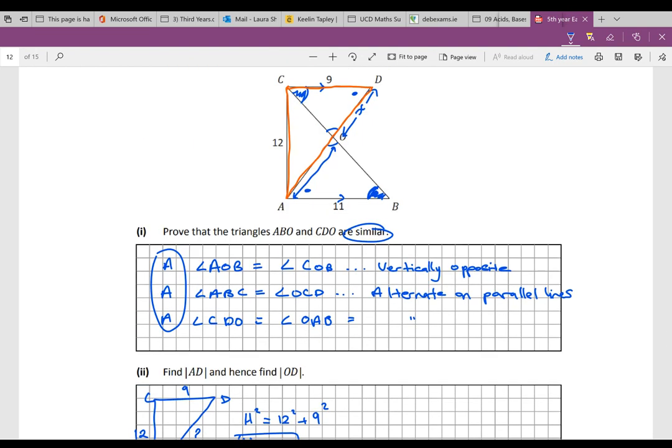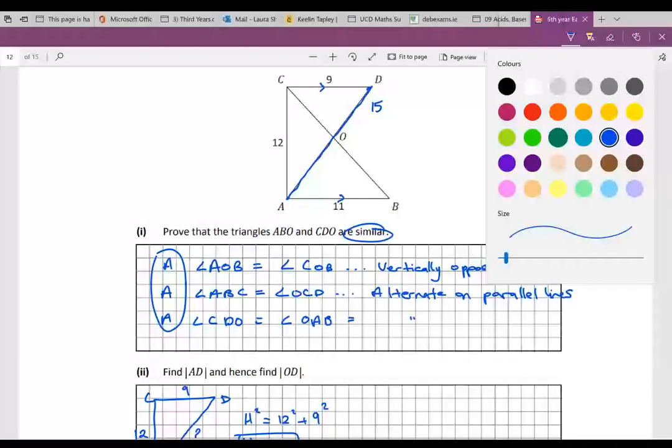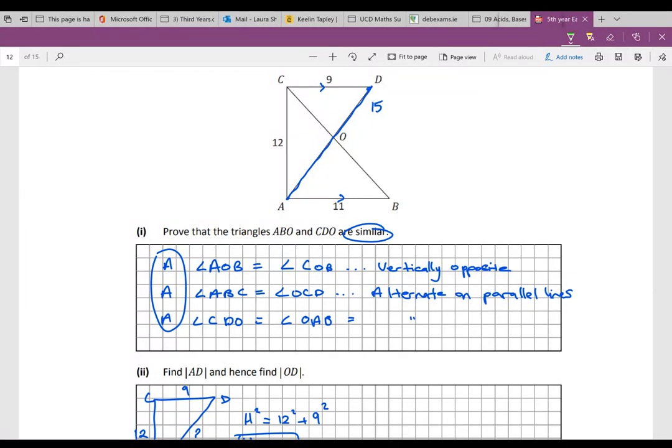So if I go back up to my diagram, and I'm actually just going to rub out some stuff here. Okay, in this case, I know that A to D is 15. Let's call this bit here X. Let's just make that 15 a little bit clearer.